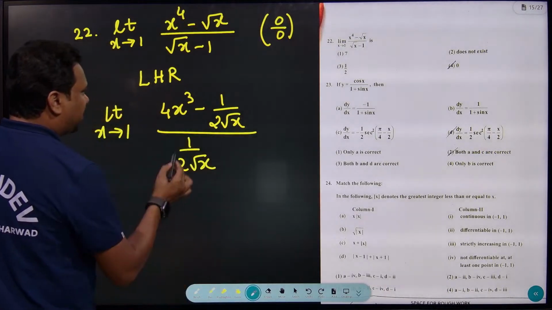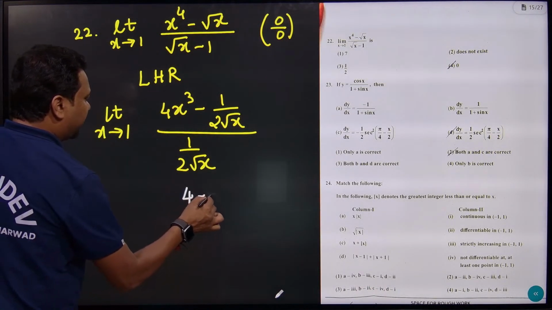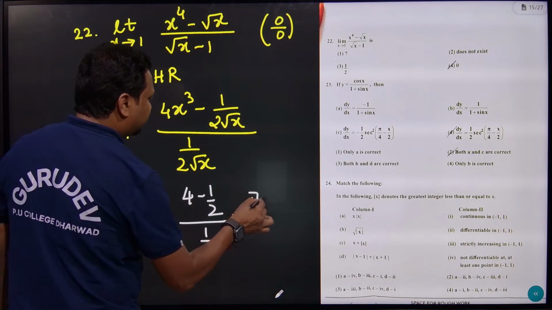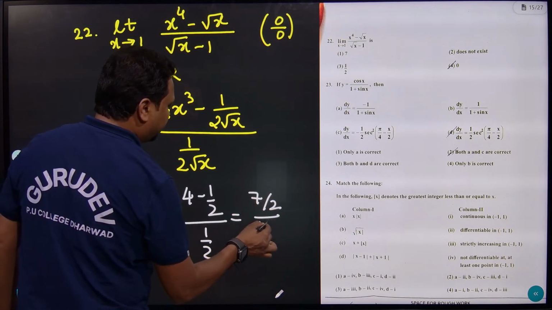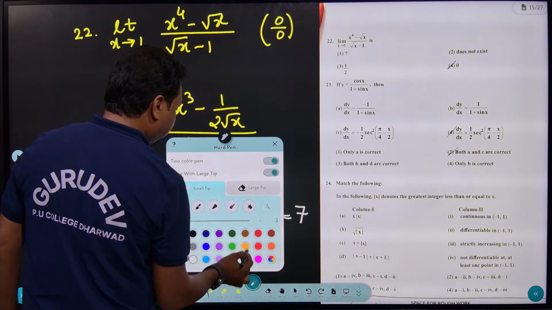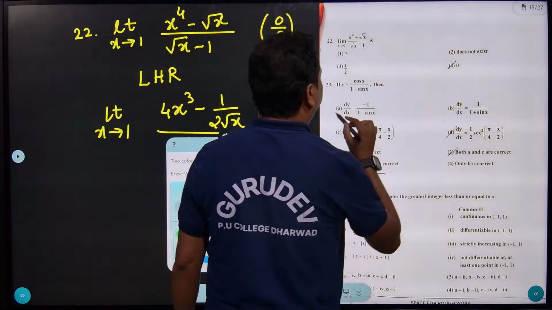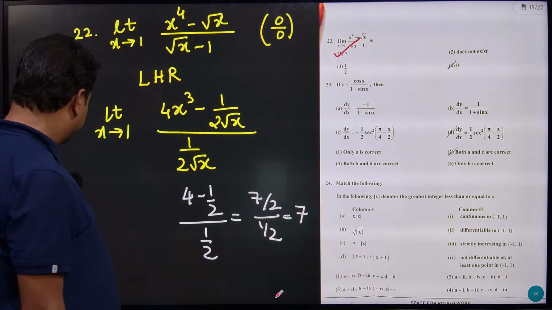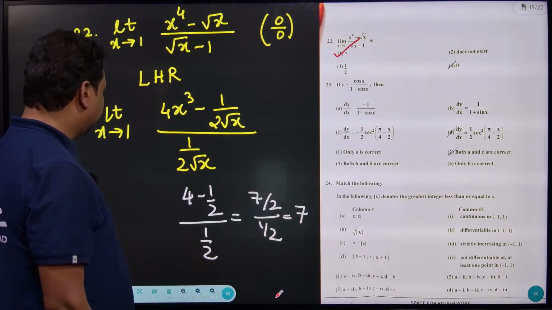You are just taking care of constants. That is 4 minus 1 by 2 divided by 1 by 2. So 4 twos are 8, 8 minus 1 is 7 by 2, divided by 1 by 2 should be equal to 7. Therefore, what is your answer? 7 is the right answer. Clear? Let's go for the next one.